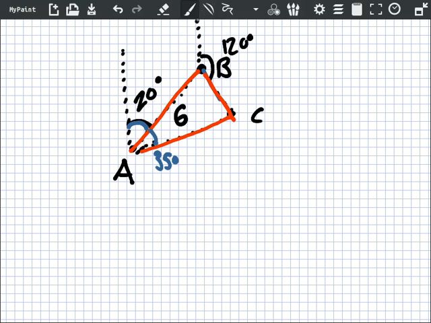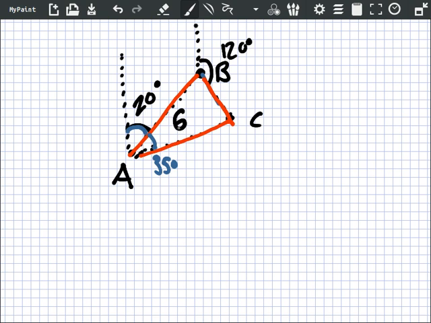Now let's try and fill out the angles that we know. We know 35 is here. 6, and that's 20. Now I'm going to draw a straight line down, continuing from this.